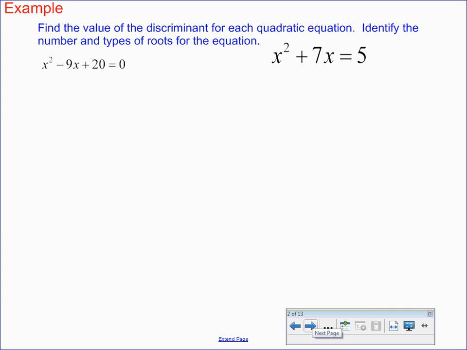So, we're not going to find the value of the discriminant yet. We're just going to solve this problem using the quadratic formula.